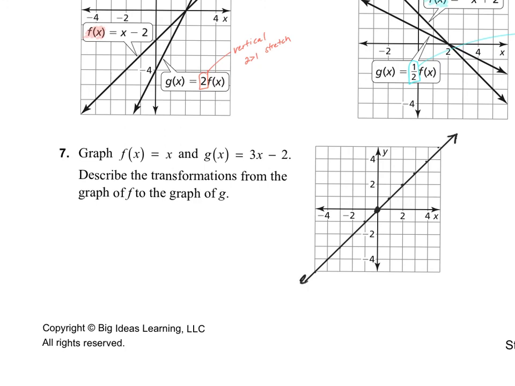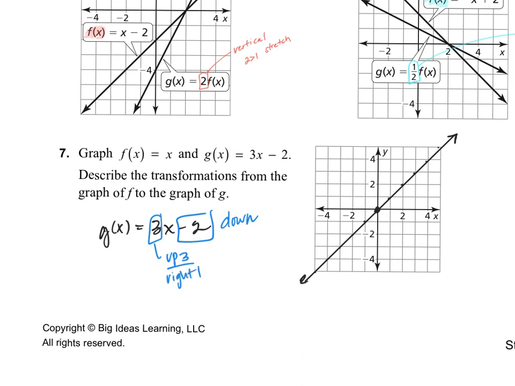So now let's write our g of x equals 3x minus 2. So this means we're going to go down 2. And then you guys know how to graph this because you guys know y equals mx plus b. So this would be up 3 to the right 1.